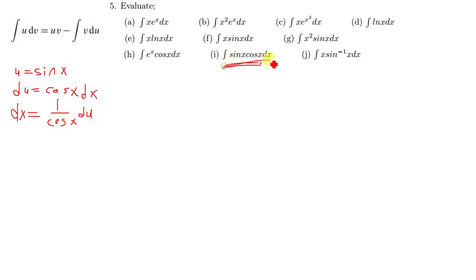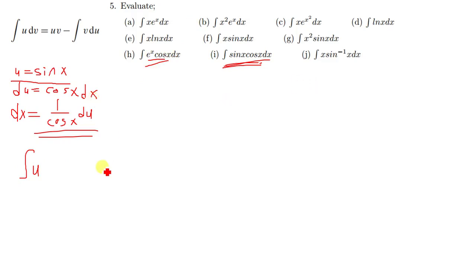So where there is sine x, I'm going to replace it with u. Of course, from this question I forgot to put a c. After replacing your a and your b there, you put c at the end, a constant.